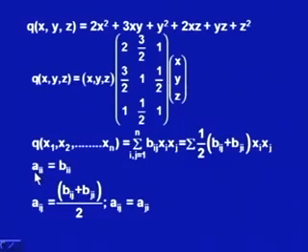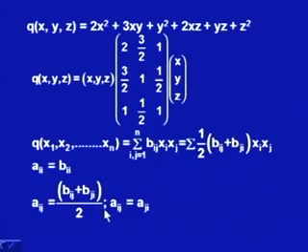So a_ij is a typical element of the matrix A, and this is equal to b_ii when i is equal to j, and when i is not equal to j, that means corresponding to cross terms, I will write this as (b_ij plus b_ji) by 2. Here b_ij and b_ji is 3, so divided by 2, that is a_ij.